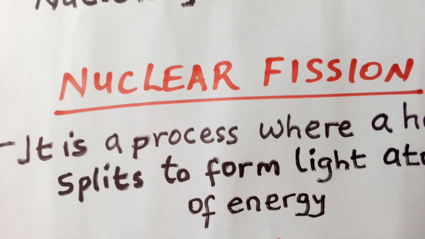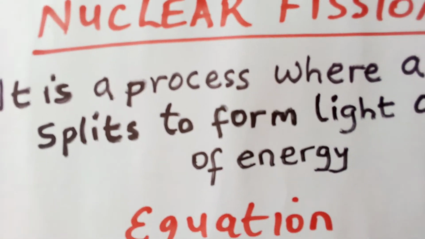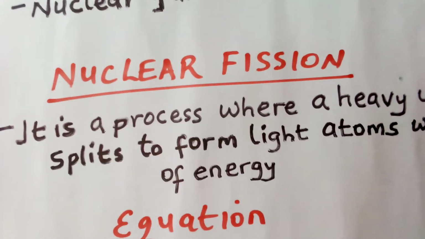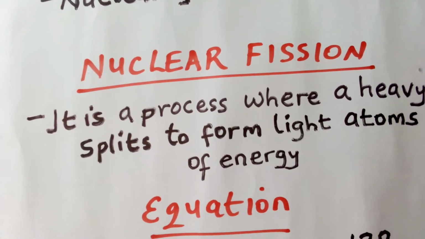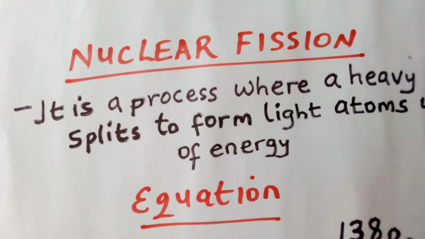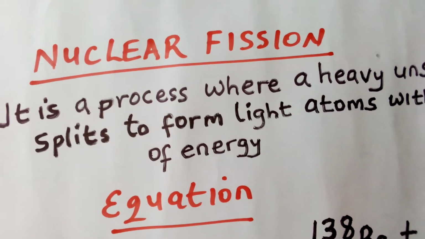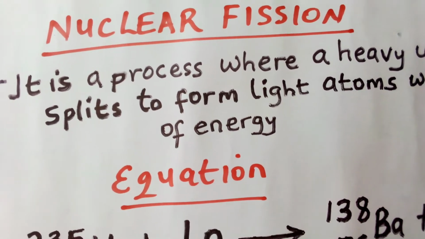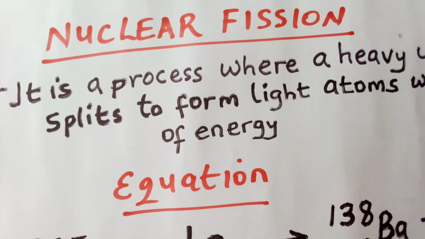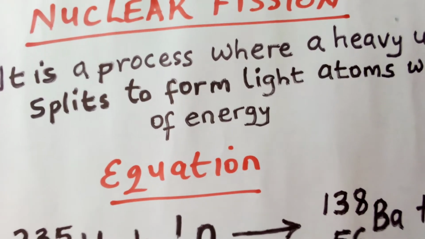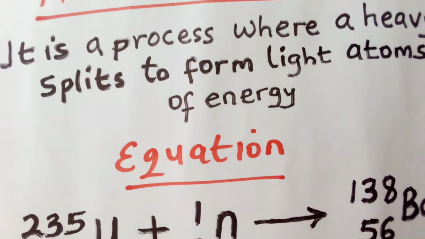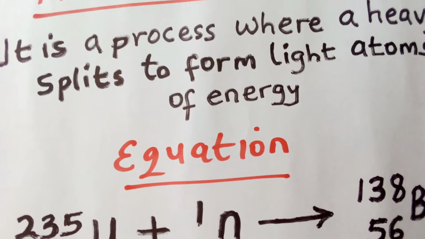If you know the definition of nuclear fusion, then nuclear fission is the opposite. We said nuclear fusion is a process where two light atoms combine to form a heavy nucleus or a heavy atom with the release of energy. What about nuclear fission?